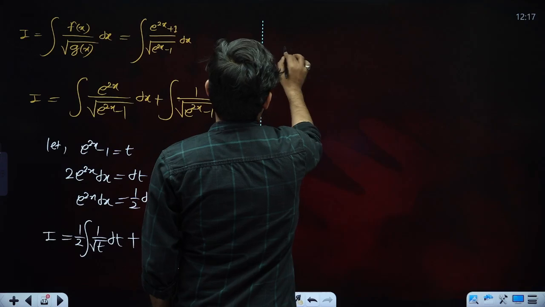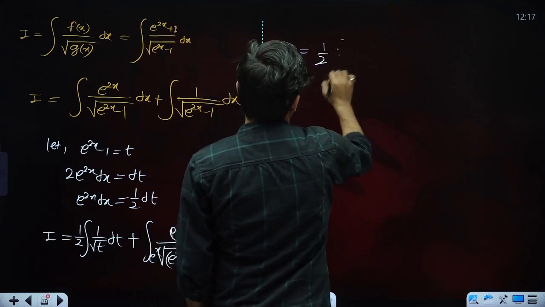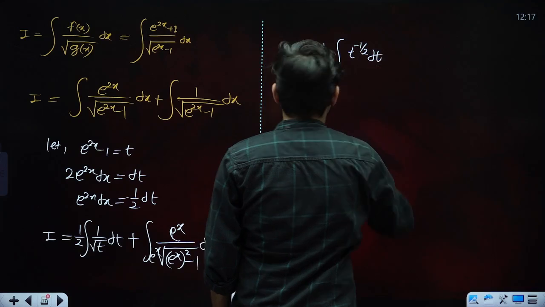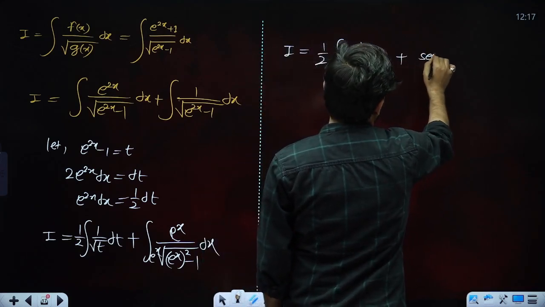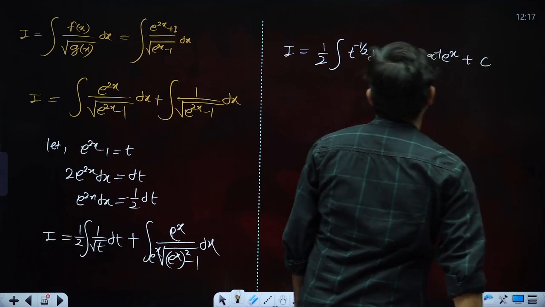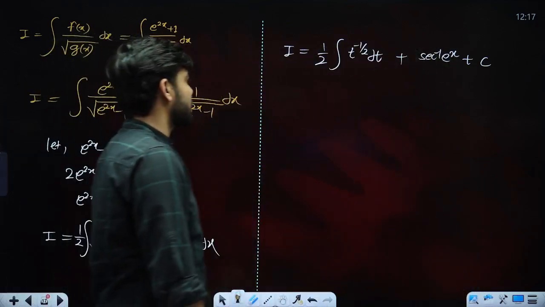So we have I equals 1 by 2 and t raised to minus 1 by 2 dt, and plus sec inverse e raised to x plus c.